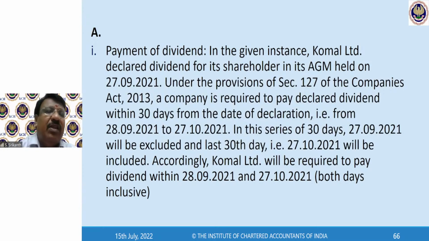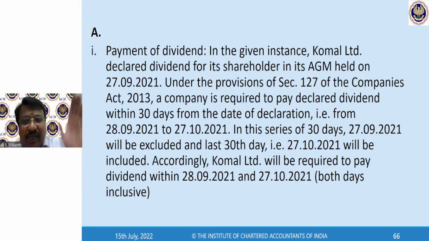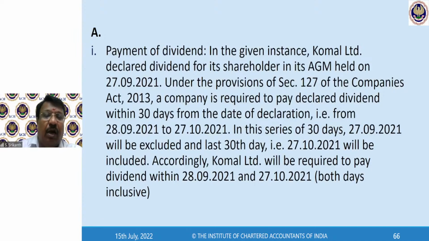That means 27/9 is ignored. Begin with 28/9, count 30 days, and then you will have 27/10. So on or before midnight 27/10 you should pay. Accordingly, the company will be required to pay the dividend between 28/9 and 27/10.